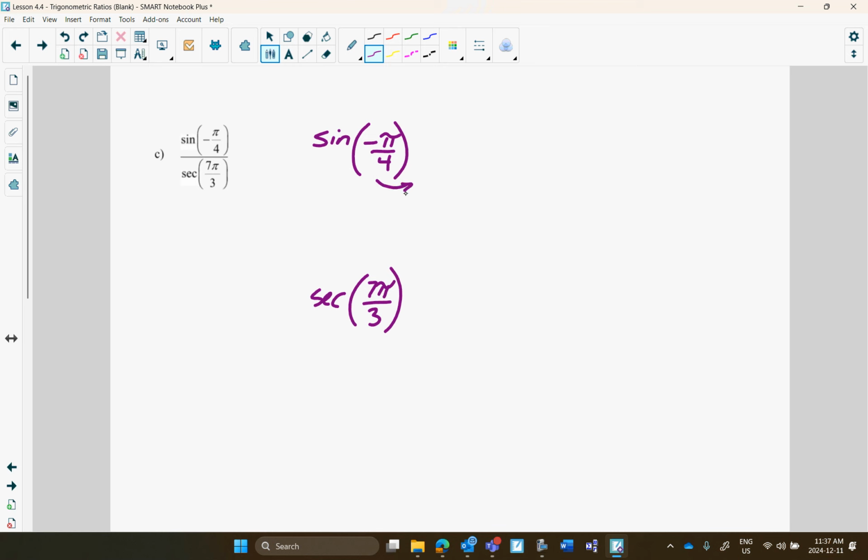I'm going to add a 2 pi, but as fourths, it's 8 pi over 4. So negative pi plus 8 pi gives me 7 pi over 4. That's on the unit circle. Negative root 2 over 2.